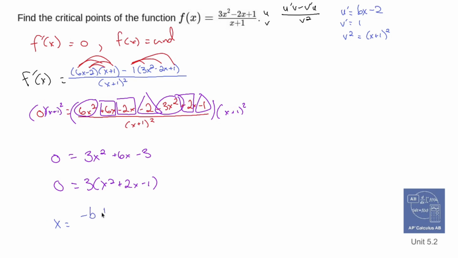X equals negative b plus or minus square root b squared minus 4ac all over 2a. A is 1, b is 2, c is negative 1.